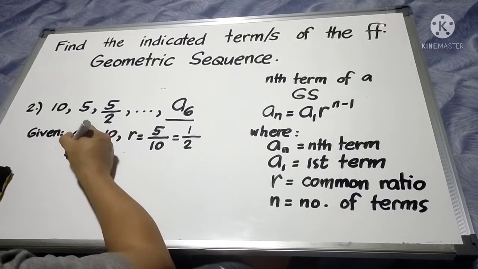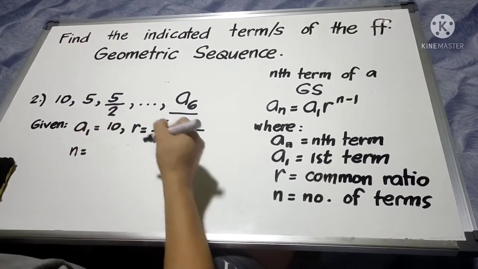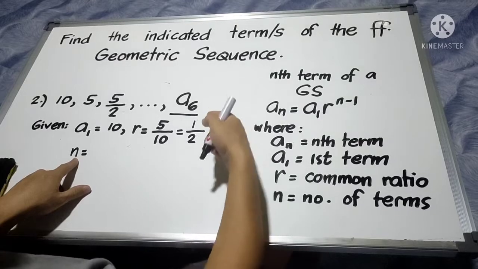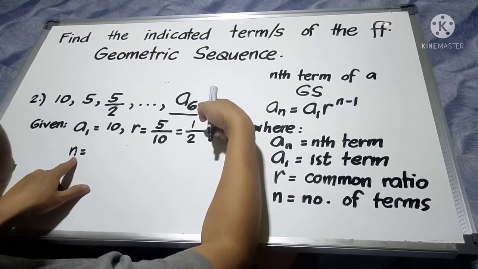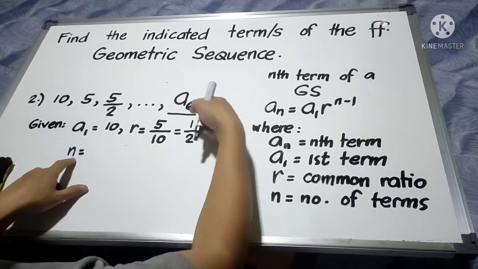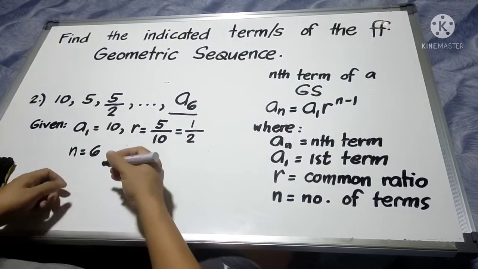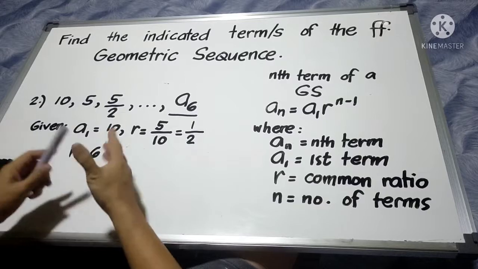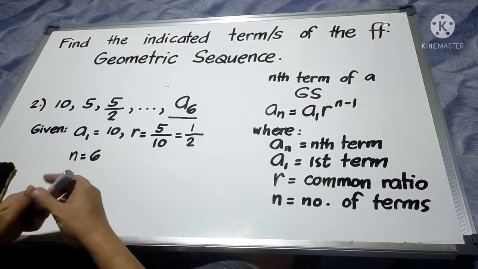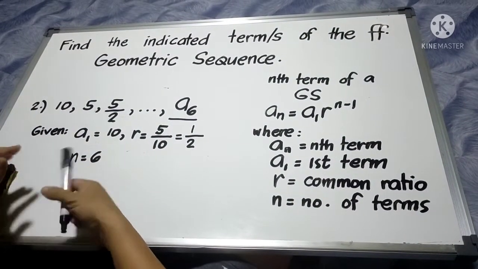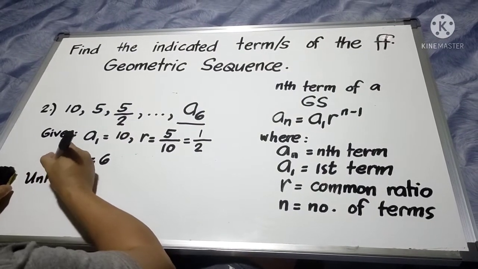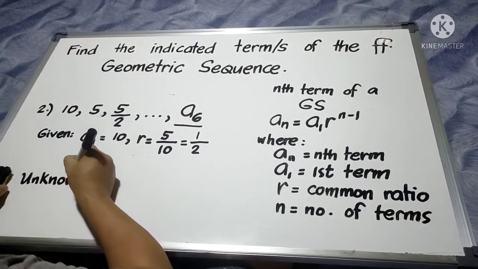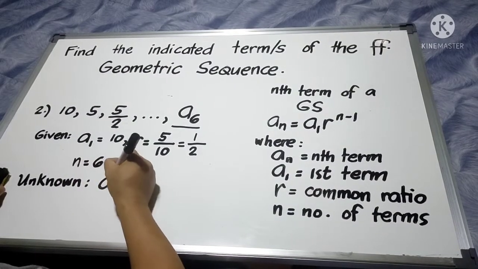Then get the value of your n. Your value of n is actually the subscript of your nth term. Our nth term is a sub 6, therefore our n is 6. So there will be 6 terms in the given geometric sequence. Now, our unknown is, of course, our a sub 6.